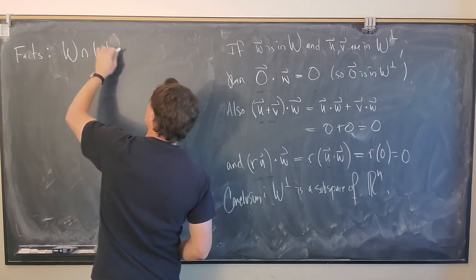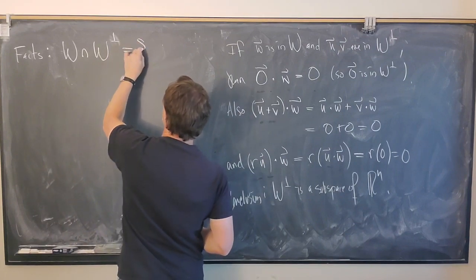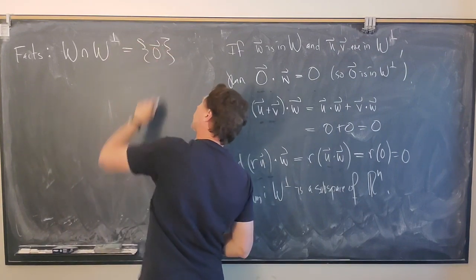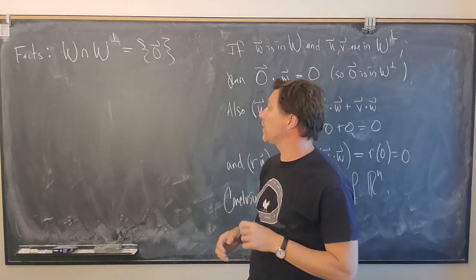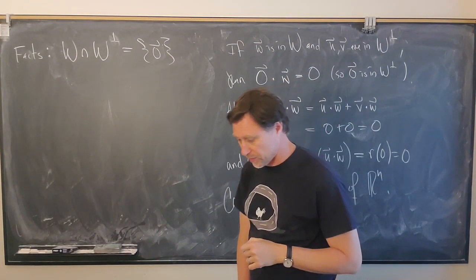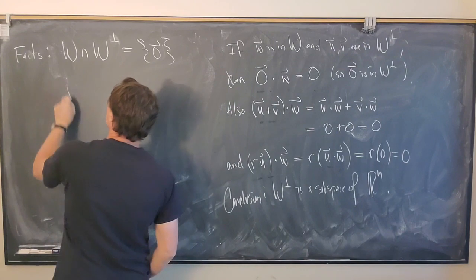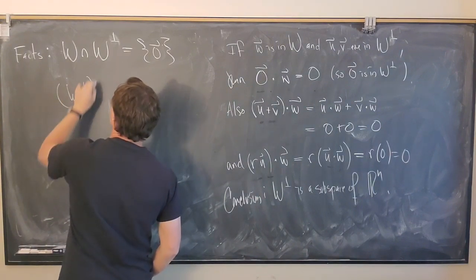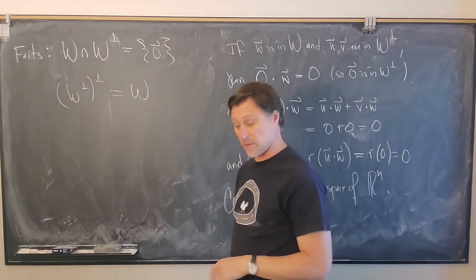So the intersection of W with its orthogonal complement is the zero vector alone. So they have very little overlap. The only place that these two subspaces interact or overlap is at the zero vector, at the origin. What else? Oh, also, the orthogonal complement of the orthogonal complement is the space itself.